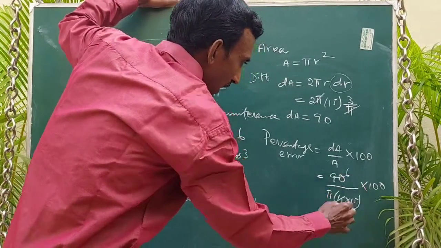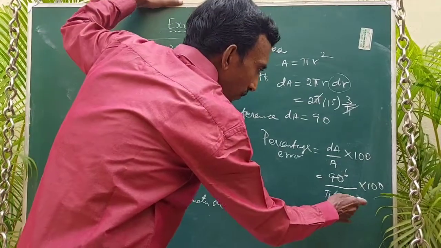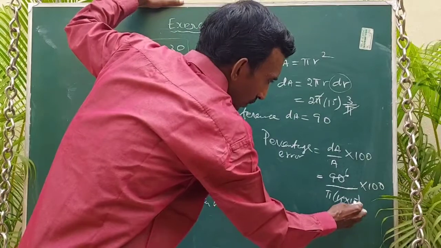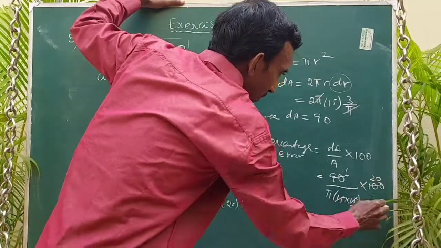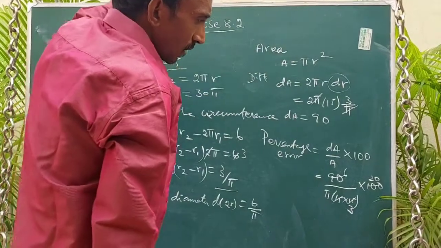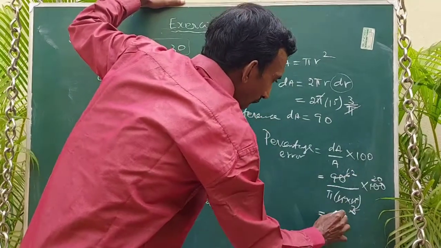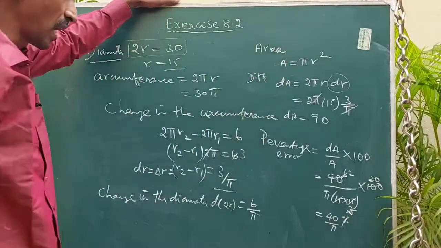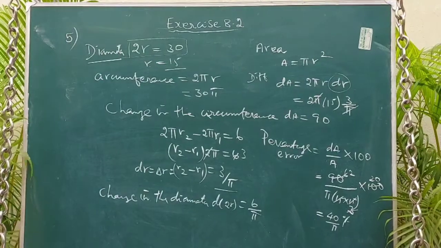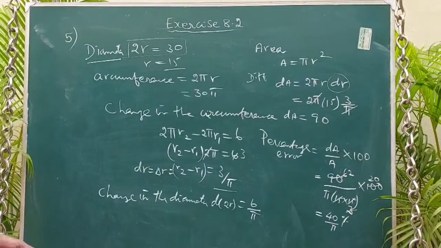If you want we can cancel by 5. So 3 times here, 2 times. So 2 into 20, 40 by pi percentage. So 40 by pi percentage. That is the answer for the second question, the percentage error.